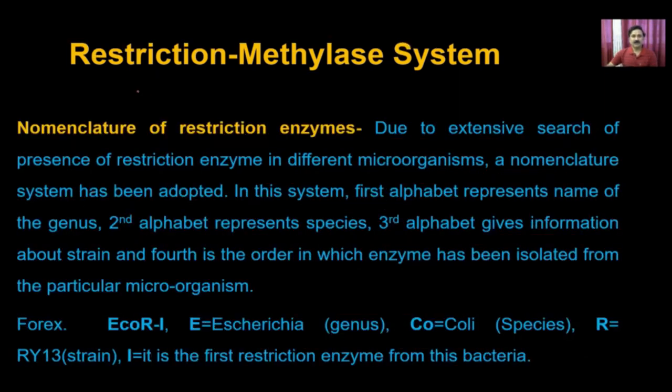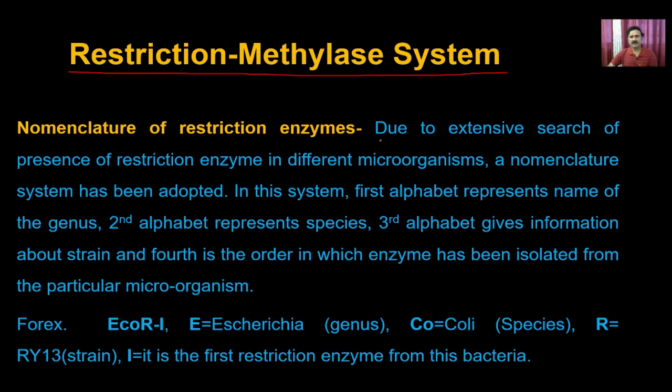Because people have discovered different types of restriction enzymes, there was a need to give names to the restriction enzymes, because restriction enzymes have huge applications in genetic engineering and in generating particular types of recombinant DNA.